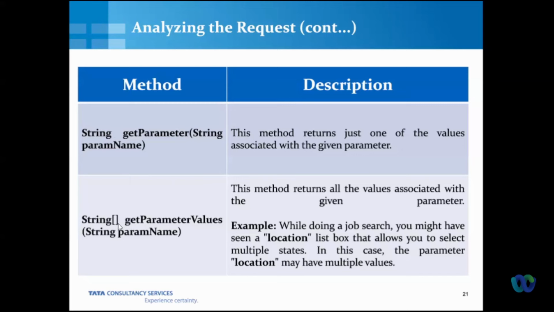This is a string array, right? getParameterValues, String parameterName: this method returns all the values associated with the given parameter. What is the use of this method? The other method returns only one value, while this returns an array. So while doing a job search, you might have seen a location list box that allows you to select multiple states. In this case, the parameter location may have multiple values, right?